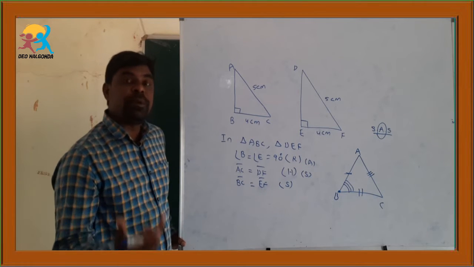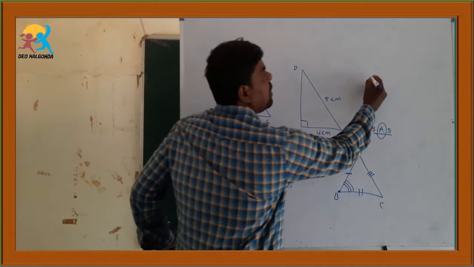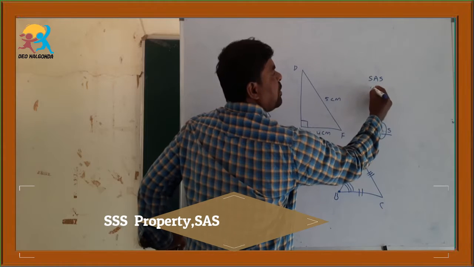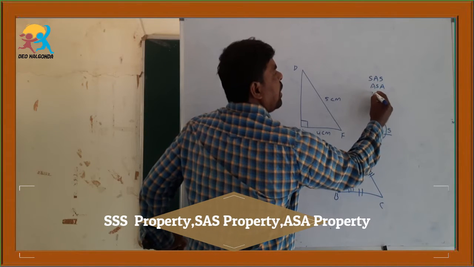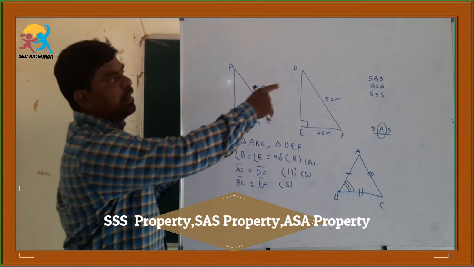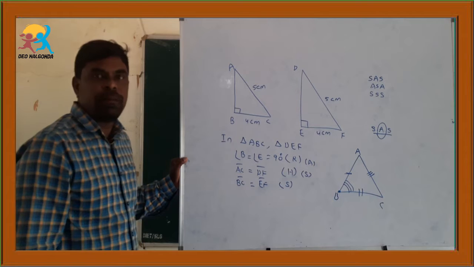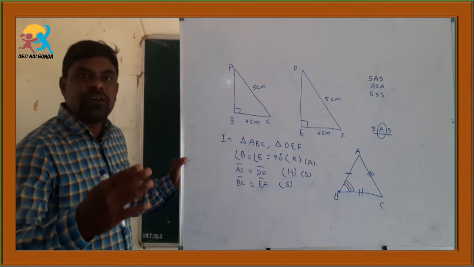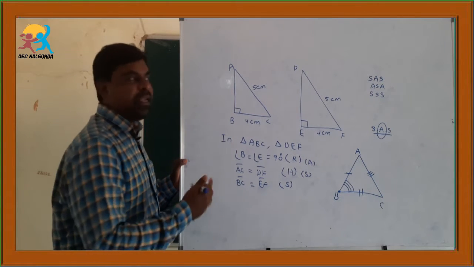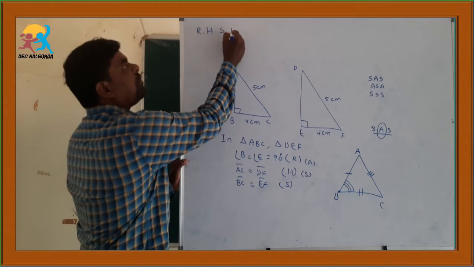Then which property do we have to use? So far we have discussed SAS property, ASA property and SSS property. Is there any property applicable to these two triangles? No. So, we require one more property, that is RHS property. What is R?